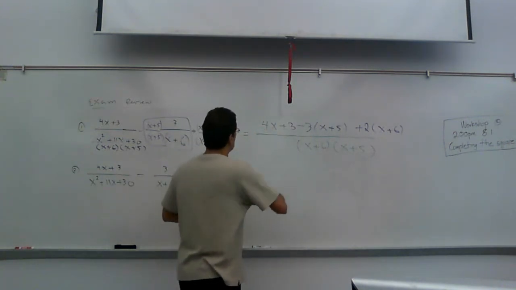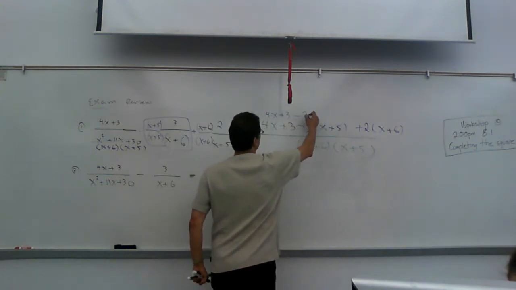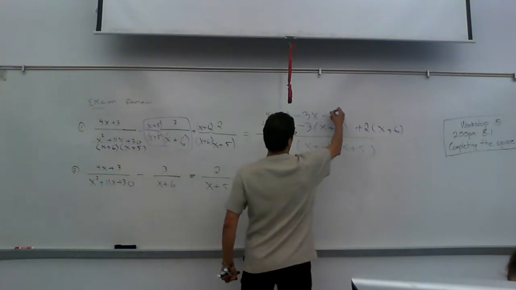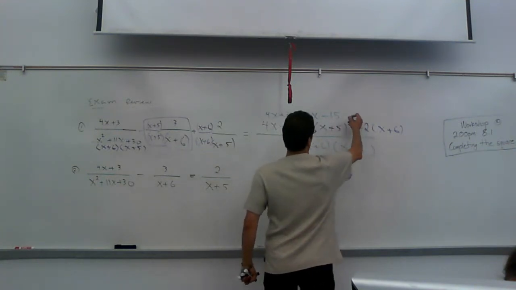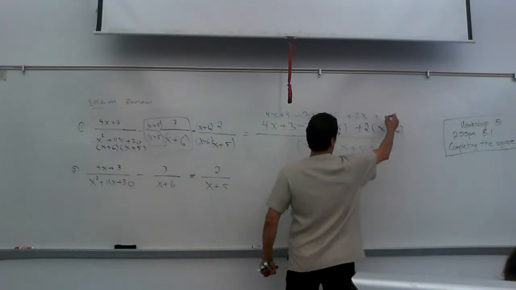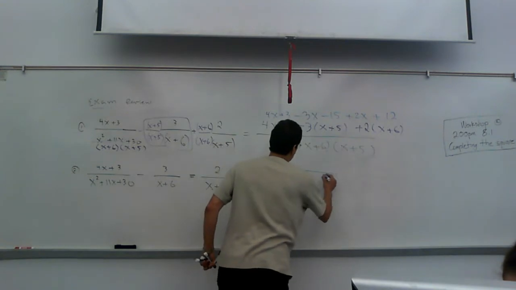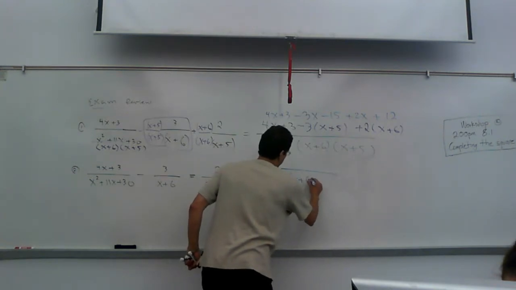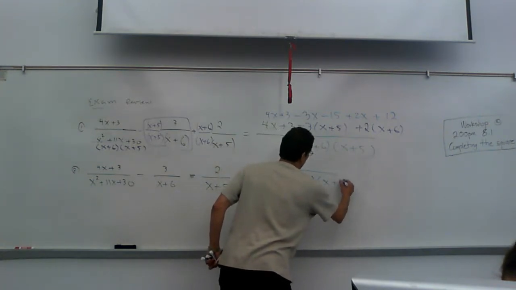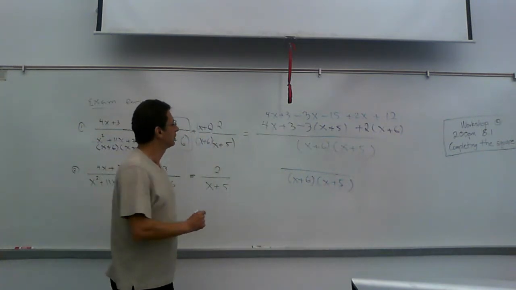Now, what is this? This is 4x plus 3 minus what? 3x minus 15 plus 2x plus what, 12? Okay. Now, let me rewrite this denominator again. Now, everybody give me the top. 3x.